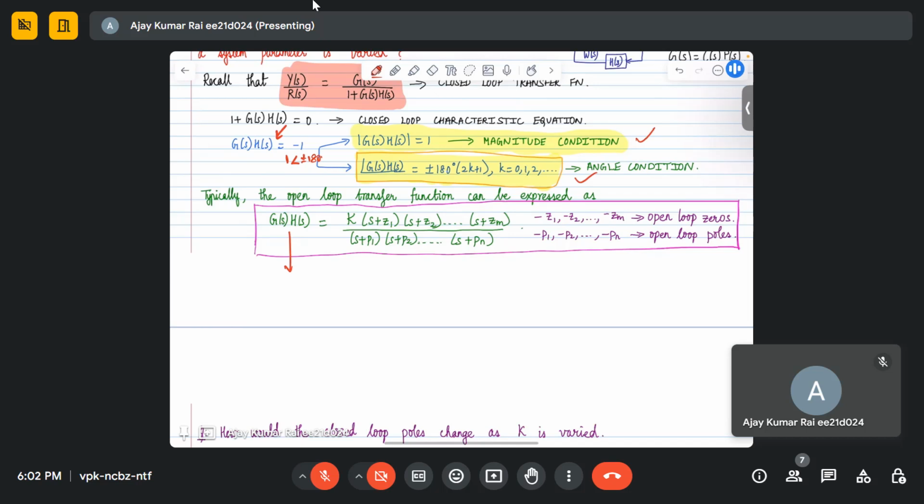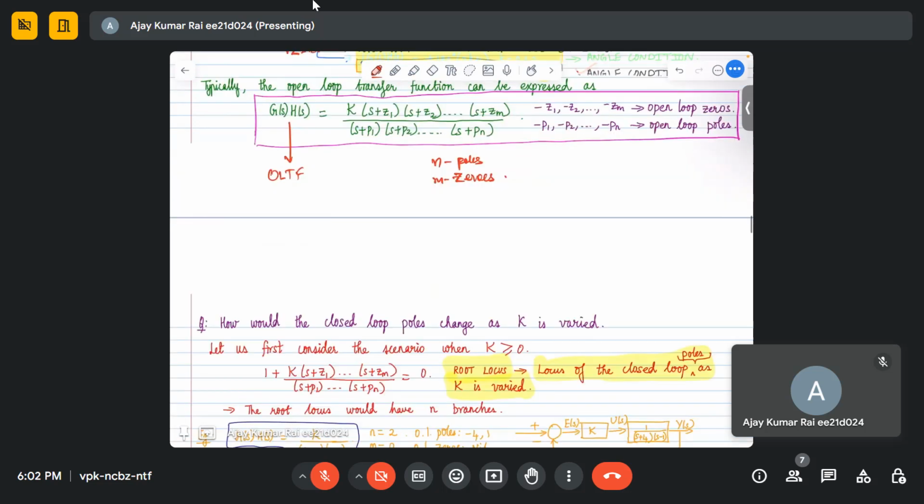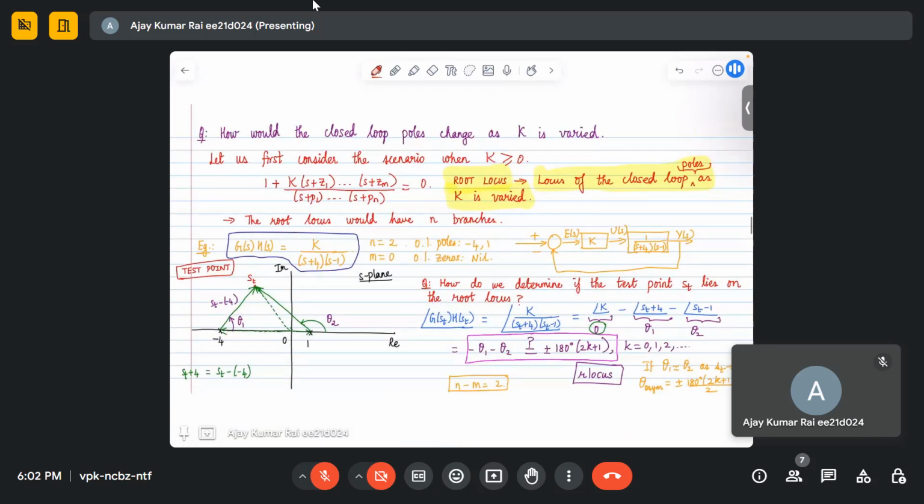So there are a total of n poles and m zeros. We are plotting how the closed loop poles change as we vary K from 0 to infinity, taking only positive values for K.